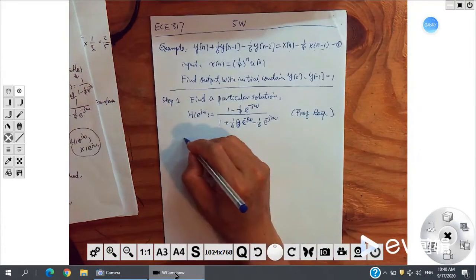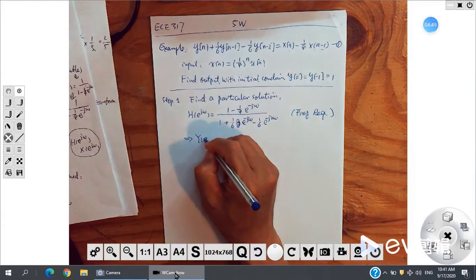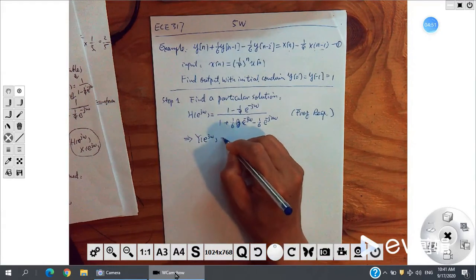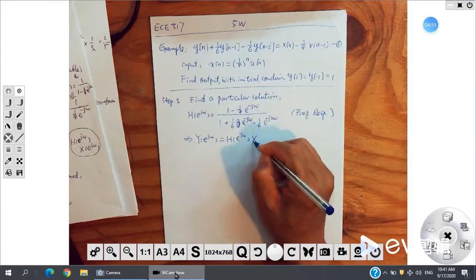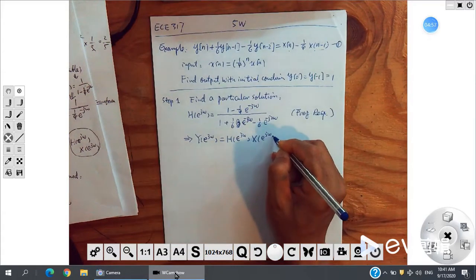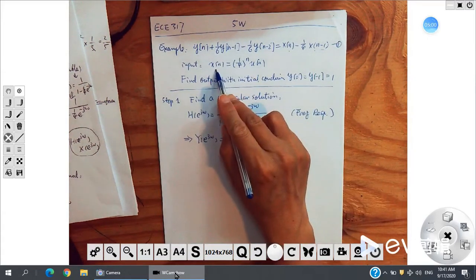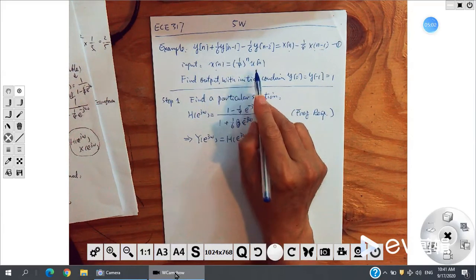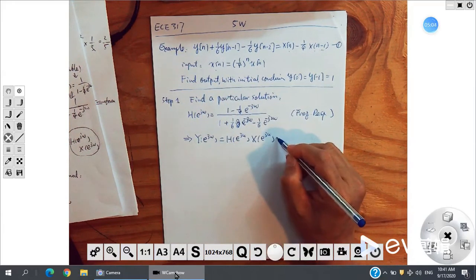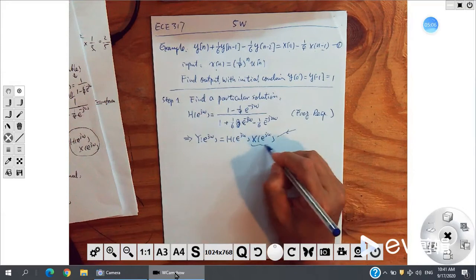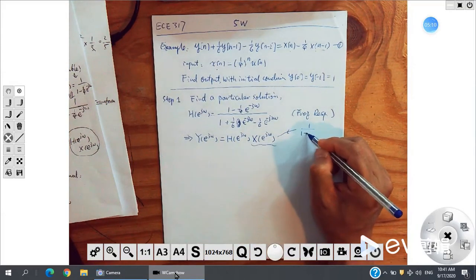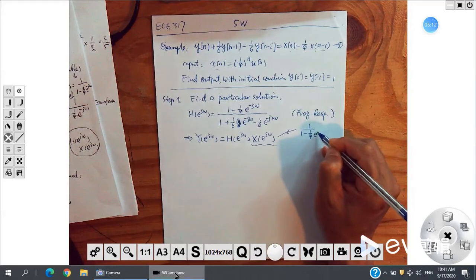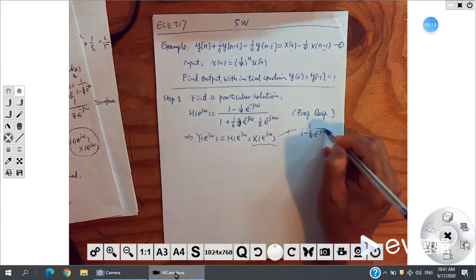And then we have the output, which is equal to h times x. And x in time domain is this one. So in frequency domain, x will be 1 over 1 minus 1/4 e to the negative j omega. Right?